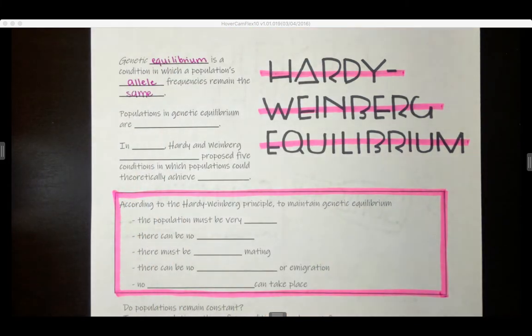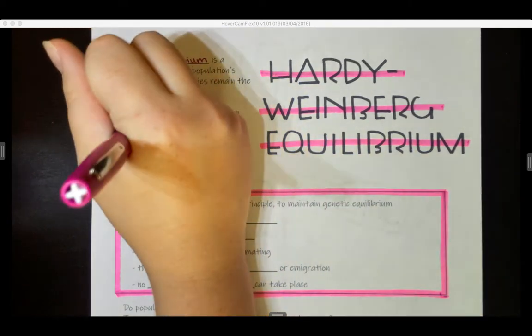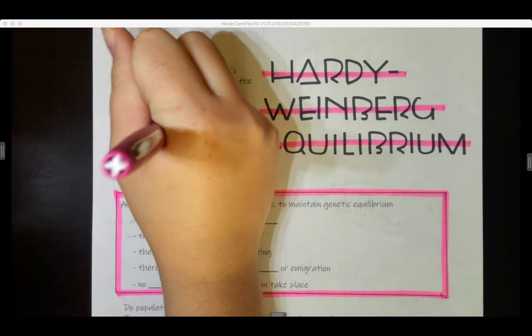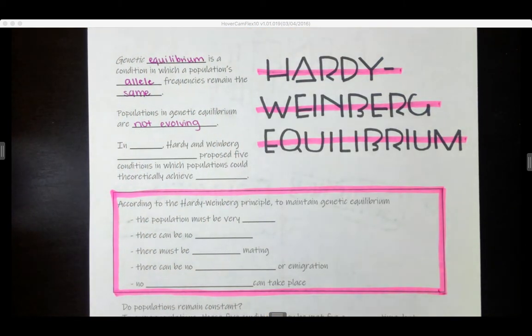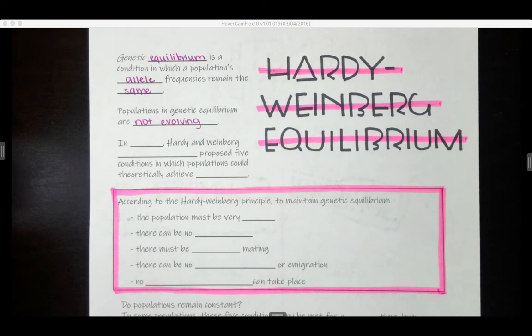Populations in this genetic equilibrium, where the allele frequencies are not changing, are not evolving. So if you remember the conditions that we talked about with natural selection, one of the things is that there needed to be variation in the traits of a population. And if we do not have variation in the allele frequencies, those variations aren't getting passed on.